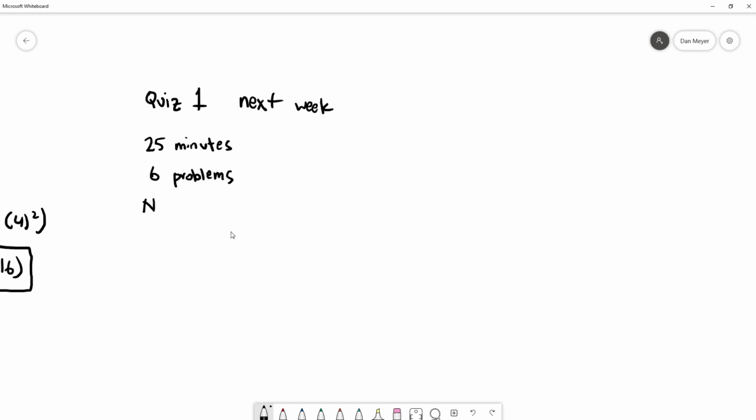You're not going to be allowed to use any notes or scratch paper. Some students have difficulty getting things written down in the space allowed, and they want to use scratch paper. There's no scratch paper in this class, so get used to writing in the space allowed.